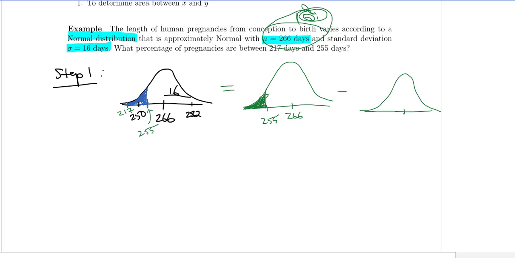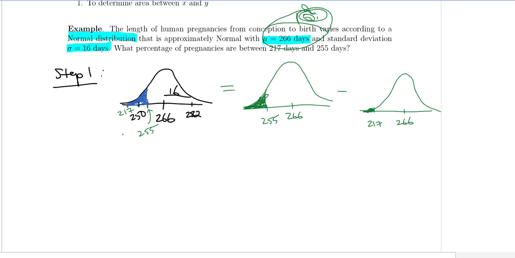It's the same one, even though my drawings aren't perfect. And then here's 217, approximately. So when we subtract this area from that area, we get this blue area. Alright, so step one helps us understand what's going on.